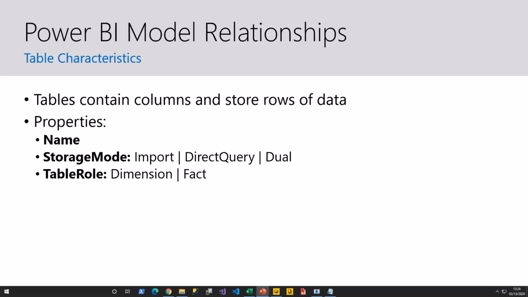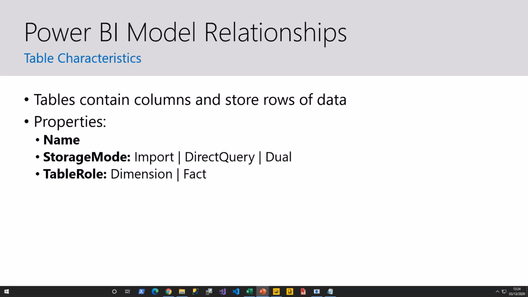The big benefits of direct query are if you have extremely large volumes of data or a need for real-time results coming from your data source. Composite, just to bring it into the picture, is where you can have import and direct query at the same time in the same model. A bit more to discuss on that later because it does impact how relationships are evaluated.